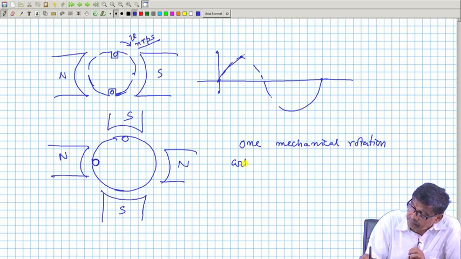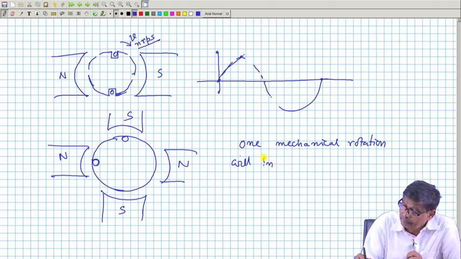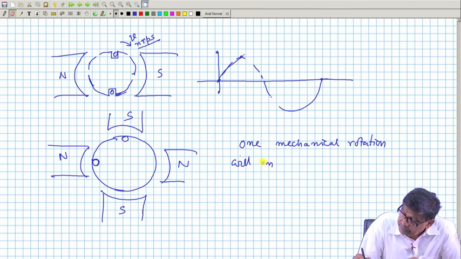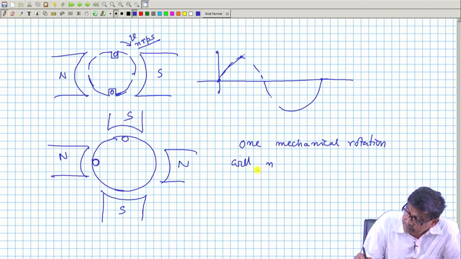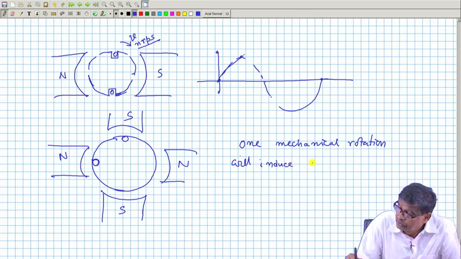That is, one mechanical rotation will induce two cycles of EMF.